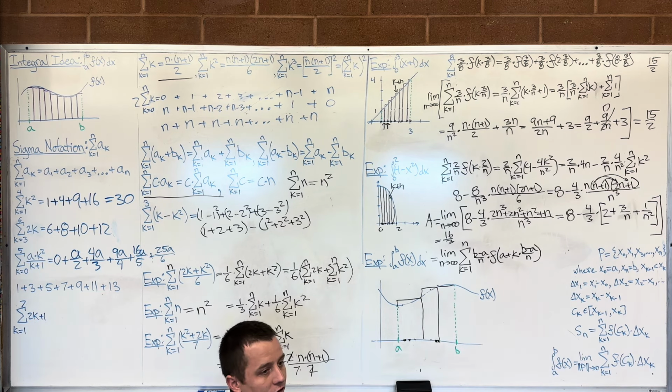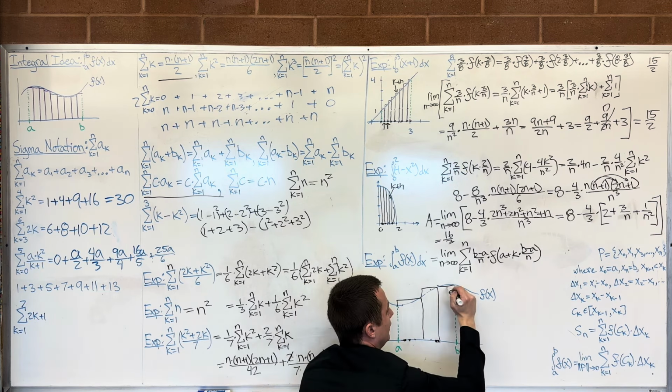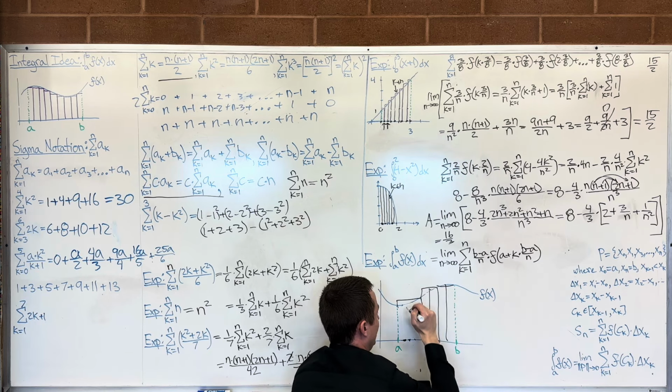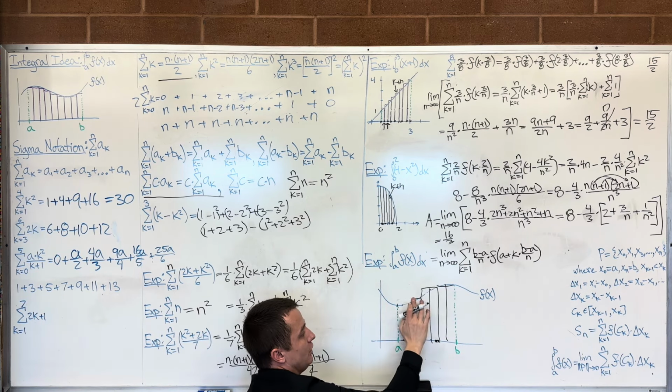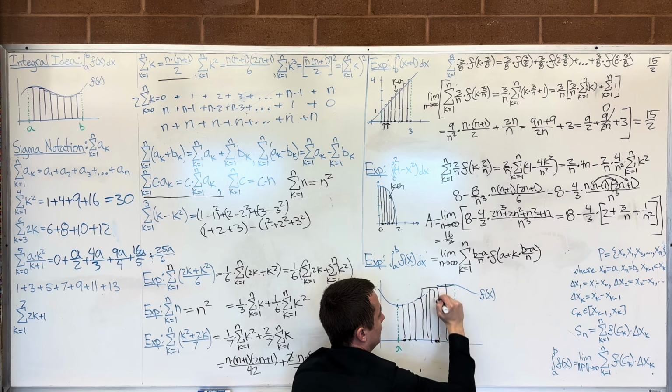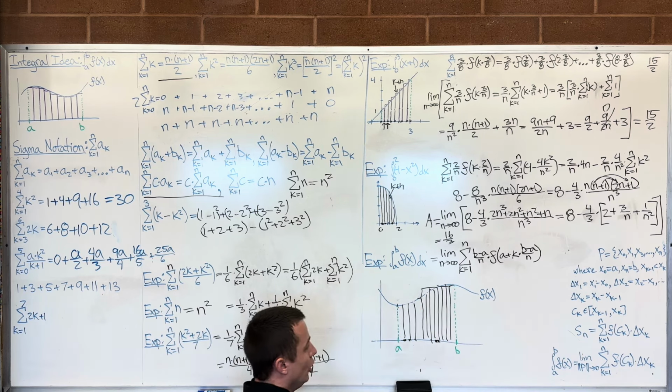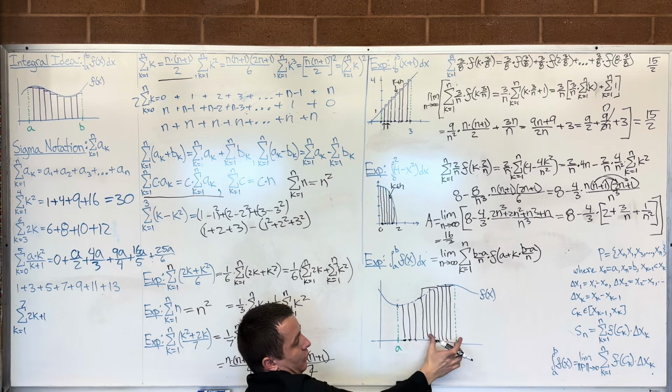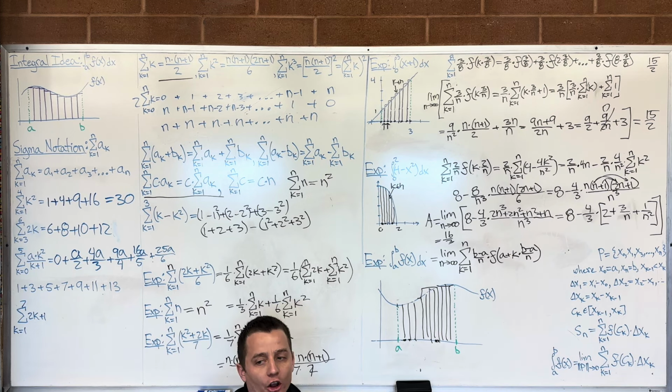There's my first approximation. And then my approach from here on out is to split this in half, split this in half, and split this in half. And then use those rectangles. And then split all of them in half again. Notice that these rectangles are always twice as long as those ones. But all the rectangles in the limit are going to get arbitrarily small.